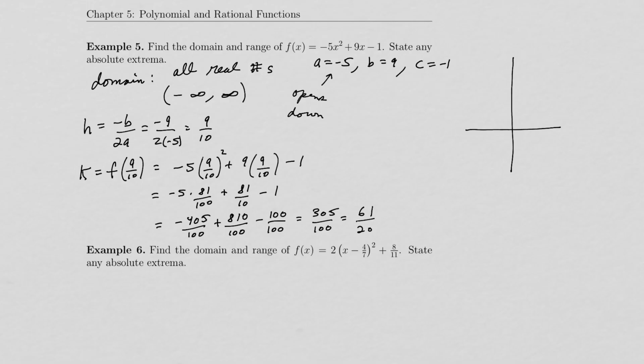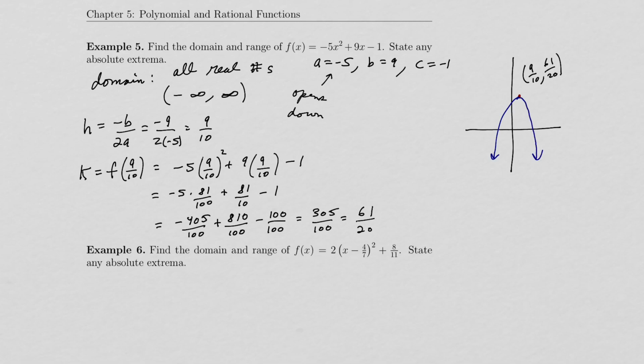Okay, so it has this point here, which has the coordinates h comma k, right? That's the vertex. So it's 9/10 comma 61/20, which is a little more than 3. And then from there it opens downward. Something like that.